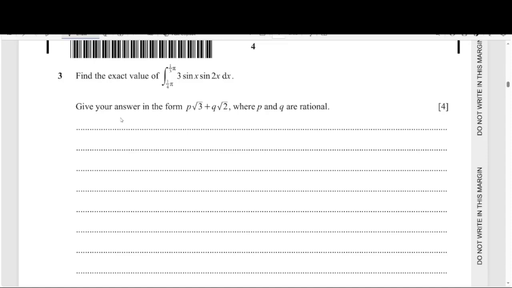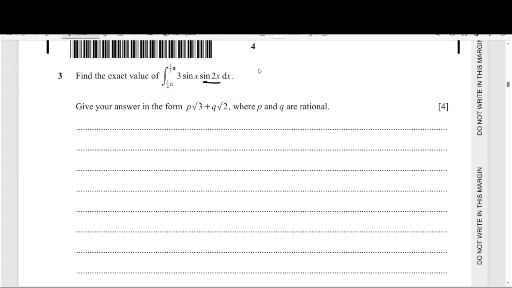Now question number 3, find the exact value of this integral, 3 sine x sine 2x, from 1/4 pi to 1/3 pi. And our answer must be given in the form where p and q are rational. So first of all, we see a sine 2x here, and that's what we need to deal with. We need to rewrite the sine 2x into one that will be easier for us to solve.